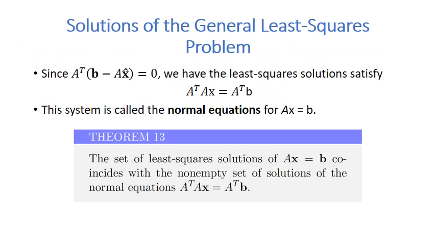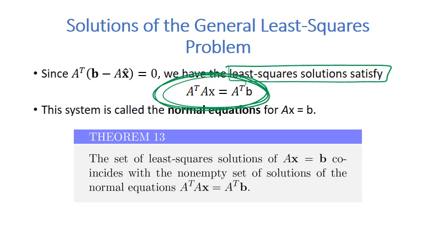So this leads to our final result. The least squares solutions satisfy this equation. This system is called the normal equations for Ax equals b. A solution to the normal equations is often denoted as x hat. So this all leads to Theorem 13, which is stated here.